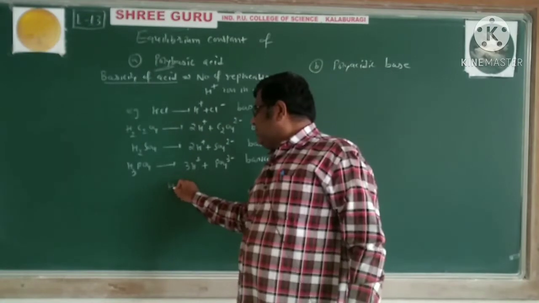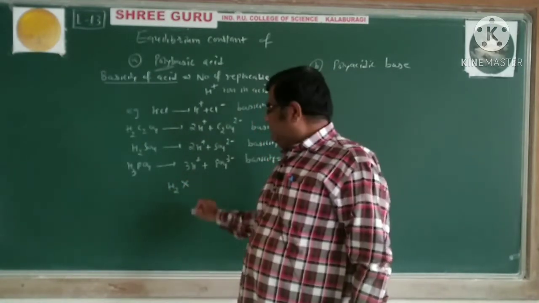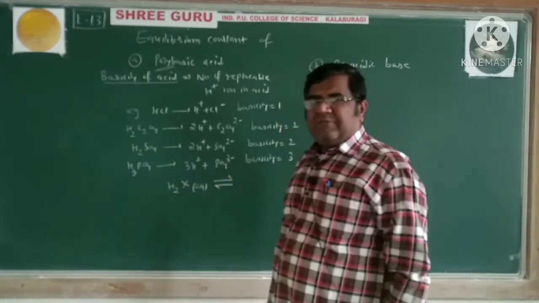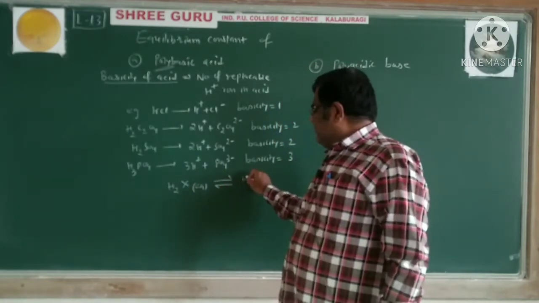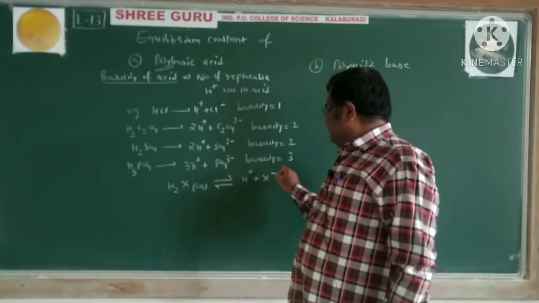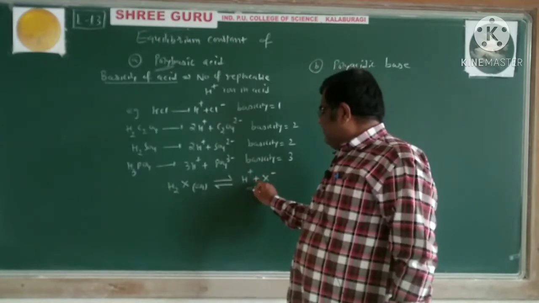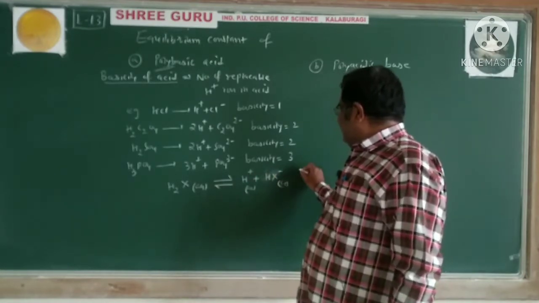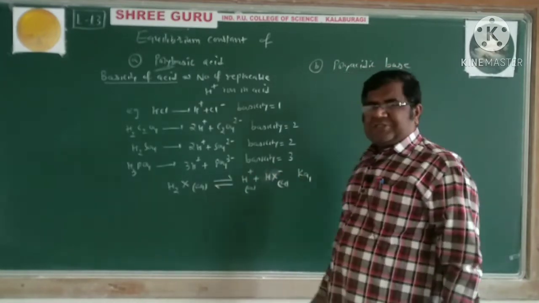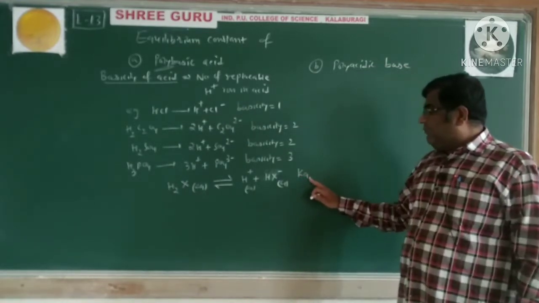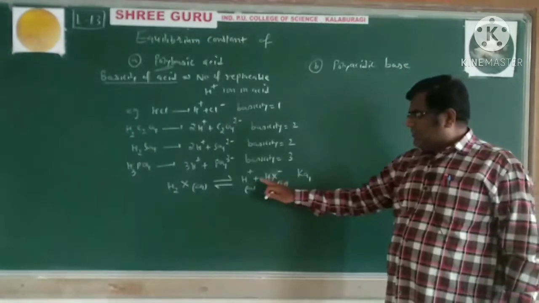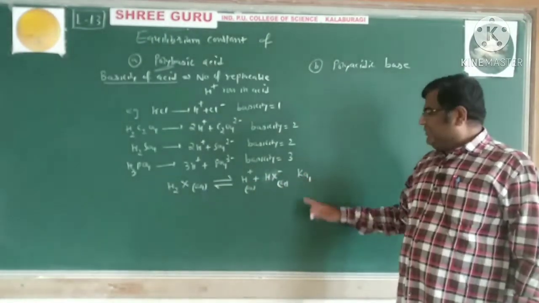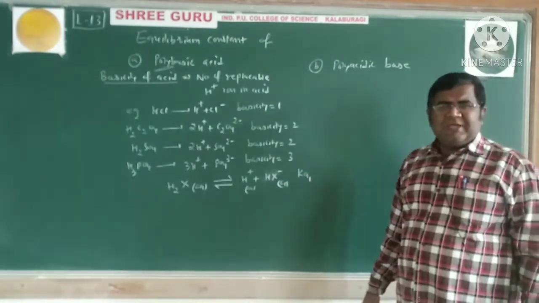If we consider H2X as a general example, and put it into aqueous medium, it forms H plus ion in the first step and HX negative, and let the equilibrium constant for this reaction be Ka1. 1 because first step, K because equilibrium constant, and a because this is a weak acid.